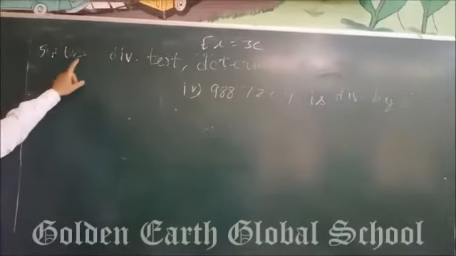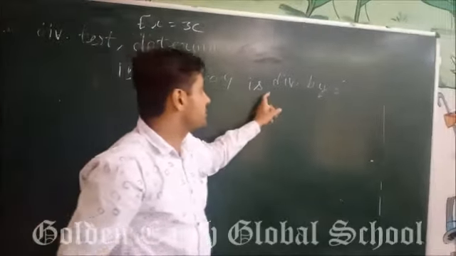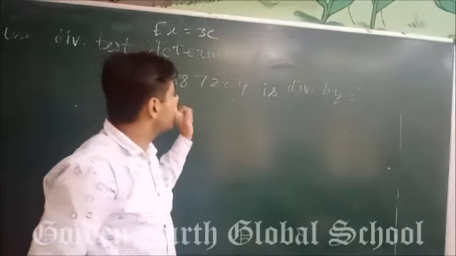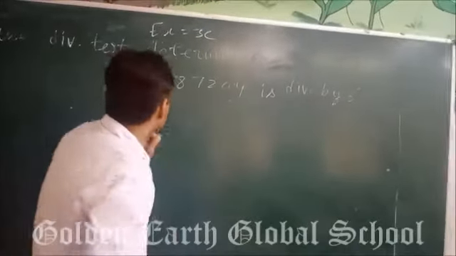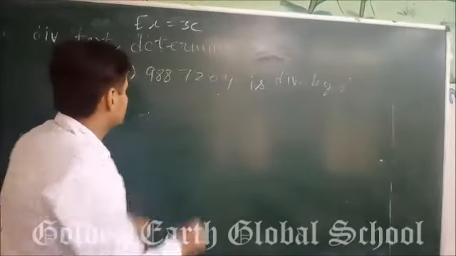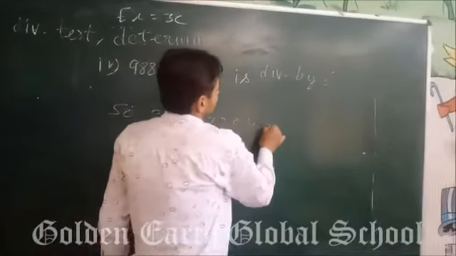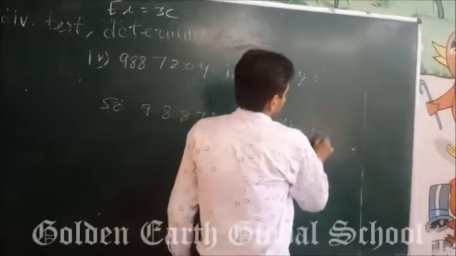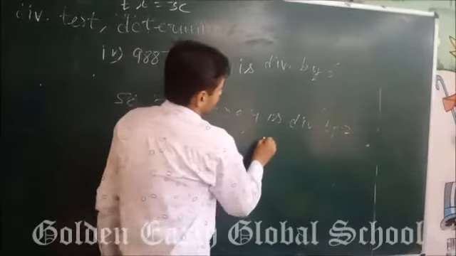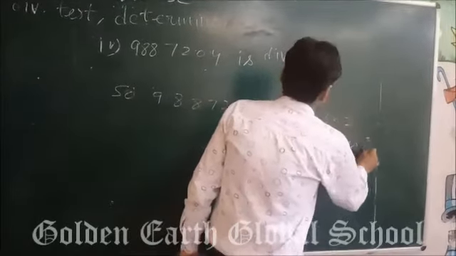Look at the fifth question. Use divisibility test to determine whether 9887204 is divisible by 6. What is the divisibility rule of 6? When the number is divisible by 2 and 3. First we check whether it is divisible by 2. Its unit digit is 4, so 9887204 is divisible by 2 because its unit digit is 4.